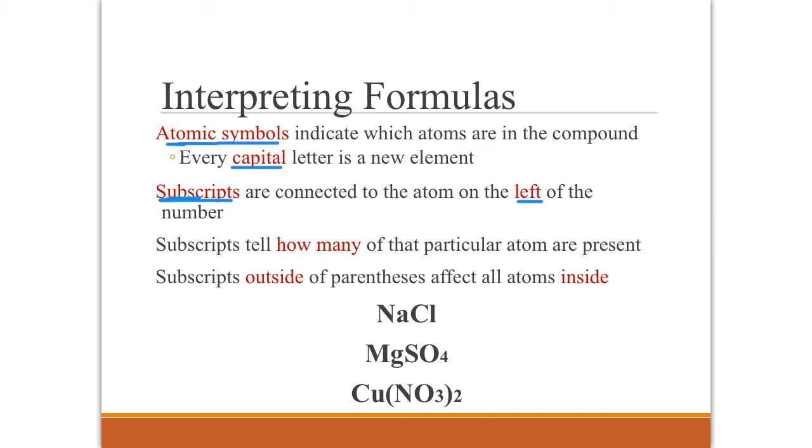Sometimes in more complicated compounds you also have parentheses, and there'll be subscripts both inside and outside of that parentheses. The subscripts inside the parentheses just pertain to the atom that they follow, but subscripts outside of the parentheses affect all the atoms inside the parentheses. So you have to sort of factor them in if you want to see how many atoms are present in that compound. So I have some sample compounds here on the bottom.